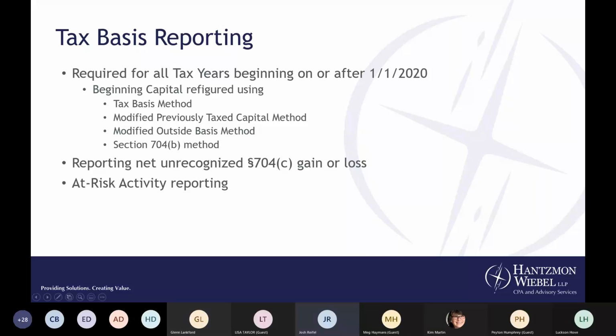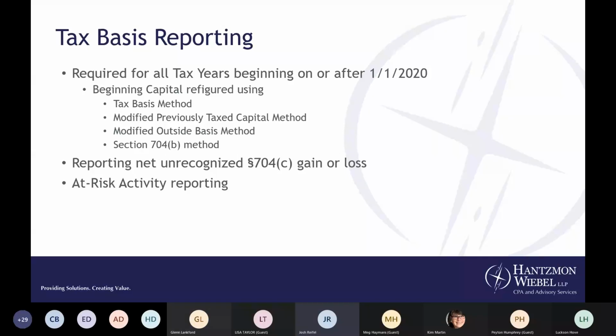So before you do anything, or while you're doing your preparation this year, you're going to have to go back and recalculate the beginning capital amount so that it's reflected under tax basis. And the IRS has prescribed 3 different methods for refiguring the beginning tax capital basis.